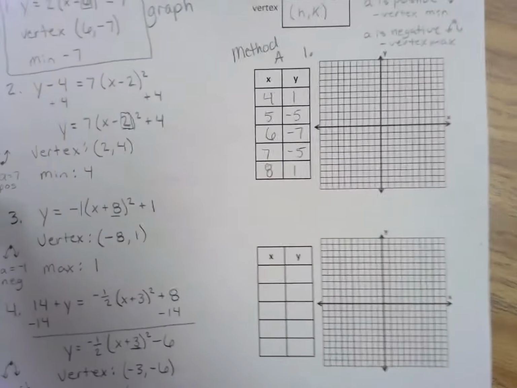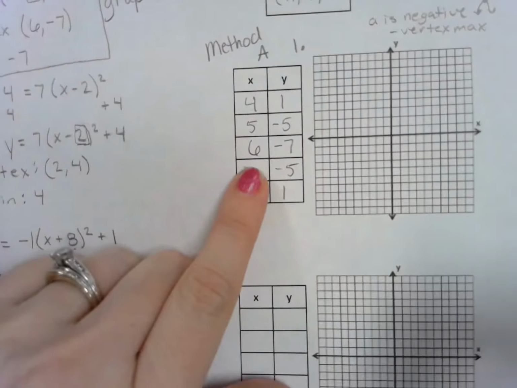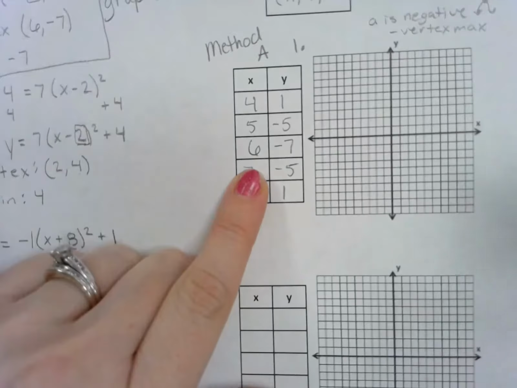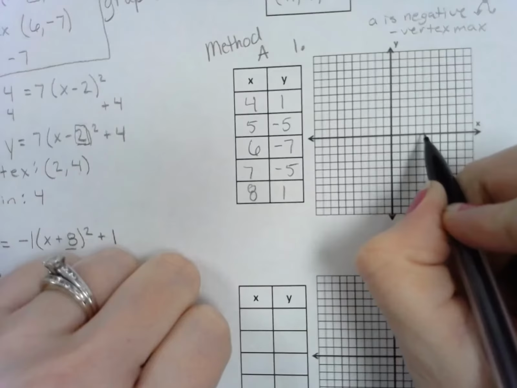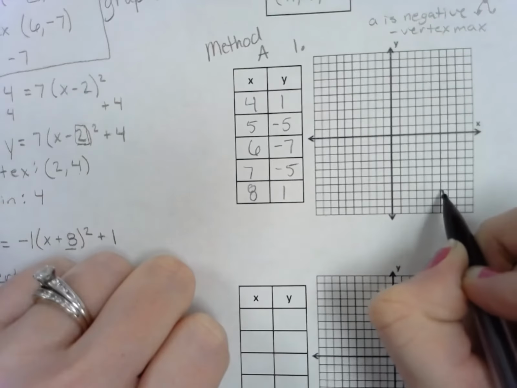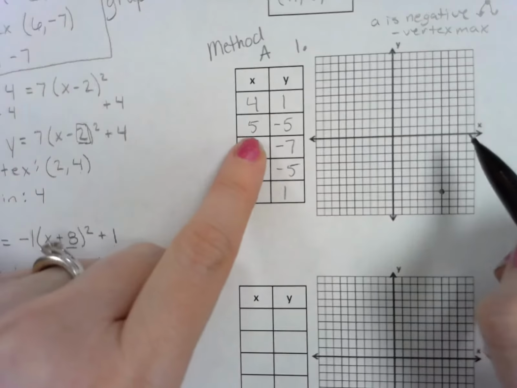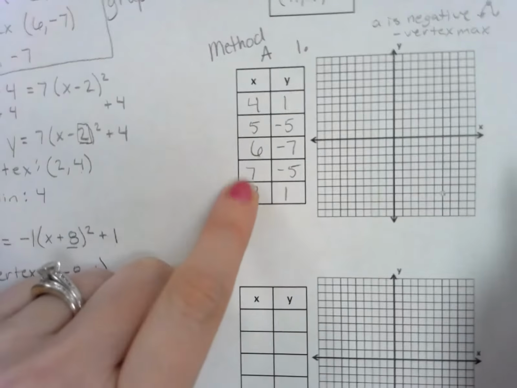So for our graph, I tend to start at the vertex. So (6, -7). And then go either way. You want to go left of the vertex or right of the vertex.